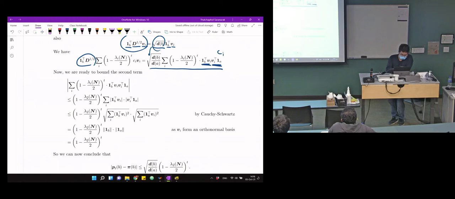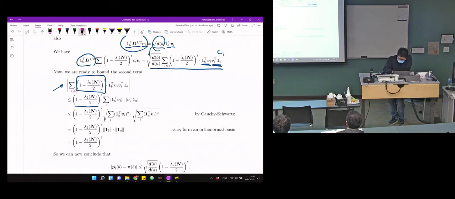So now if you want to bound this thing, you can see that everything here is just some number, but this number is at most this thing. This is the part where we forget all of the lambda_i. We just look at lambda_2. And it's quite important that this is for all i at least 2.